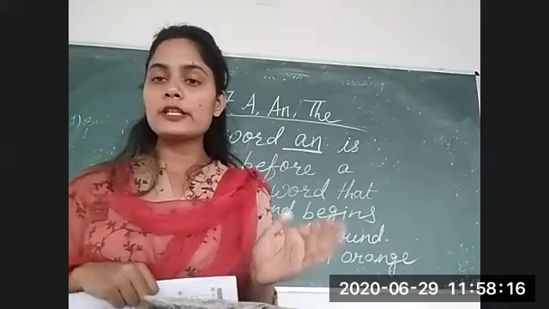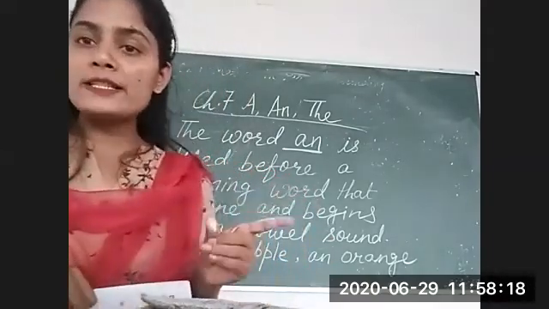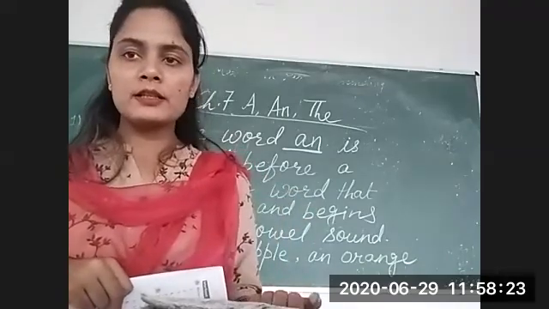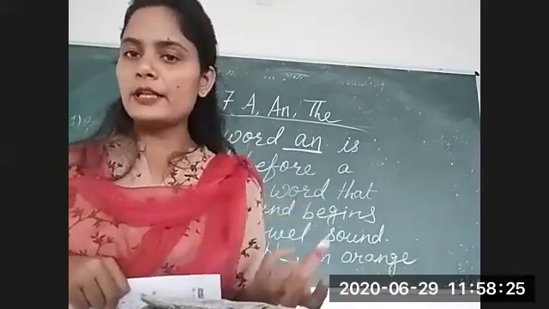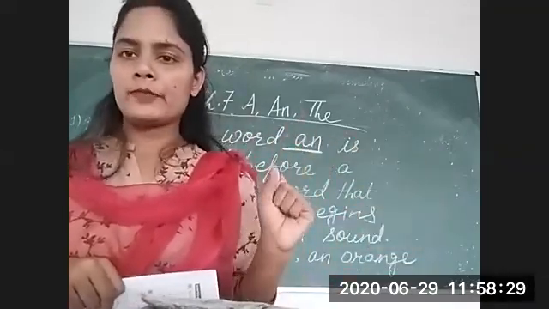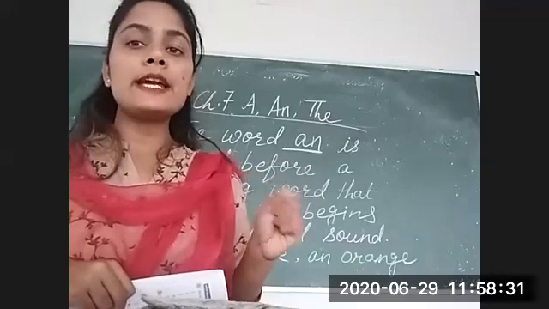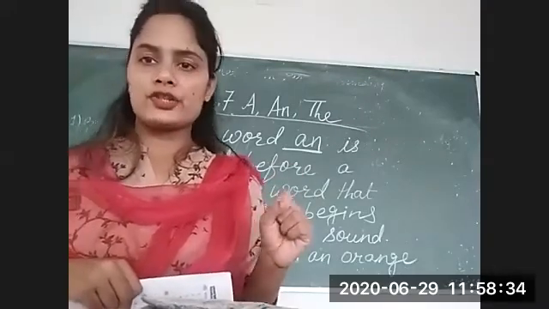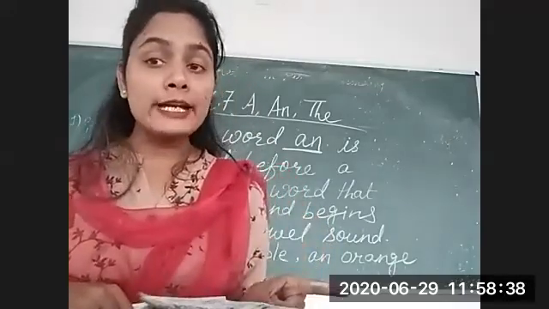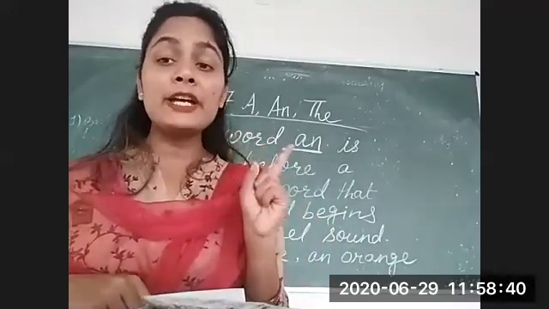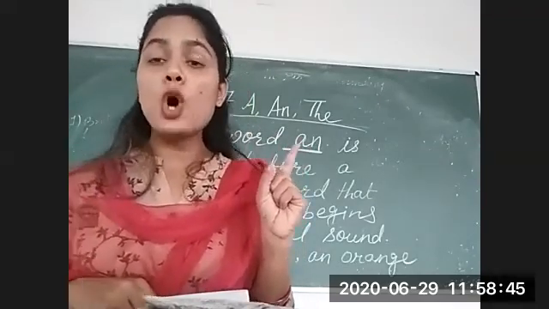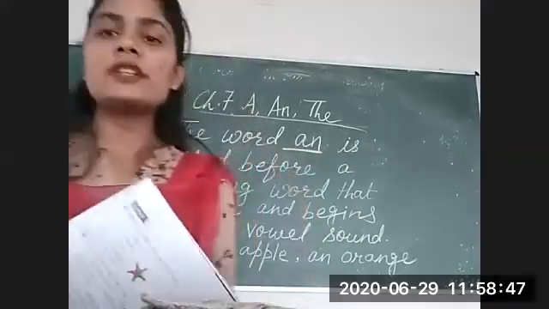Apple, the vowel sound is coming. If the vowel sound is coming after speaking any word, then you understand that I have to use An before it. Now you say orange. When you say orange, the vowel sound O is coming.